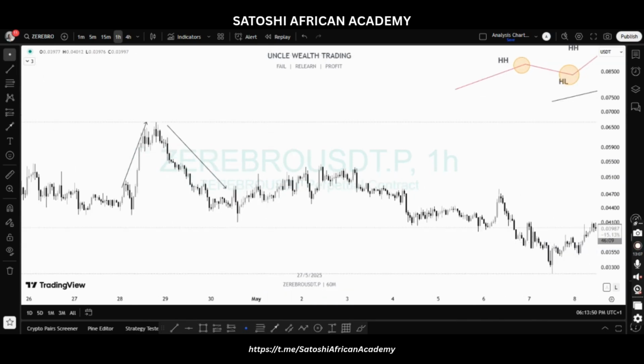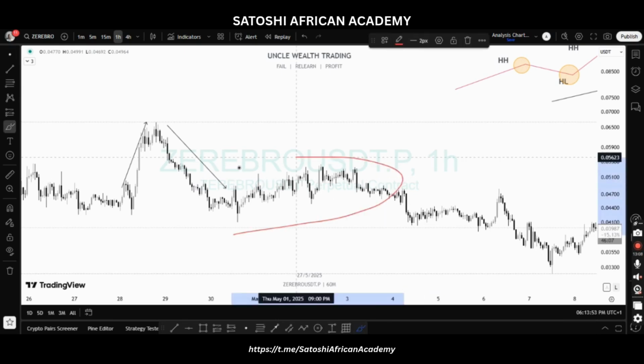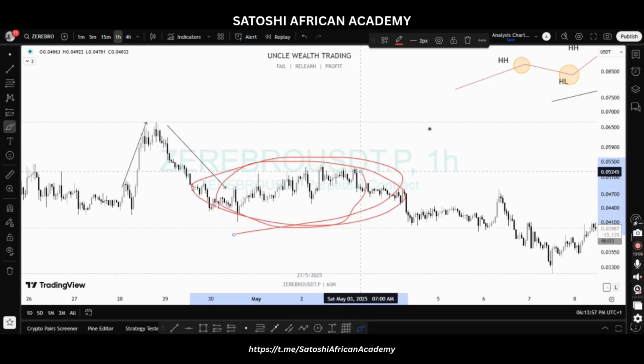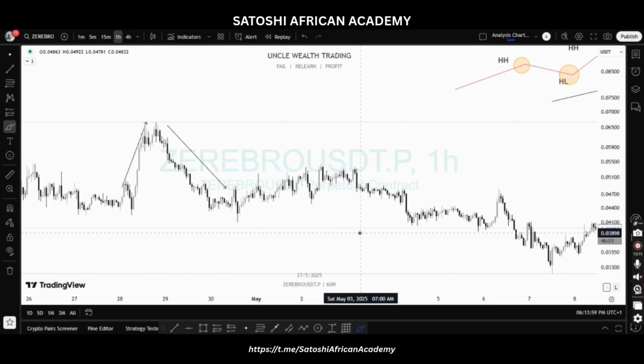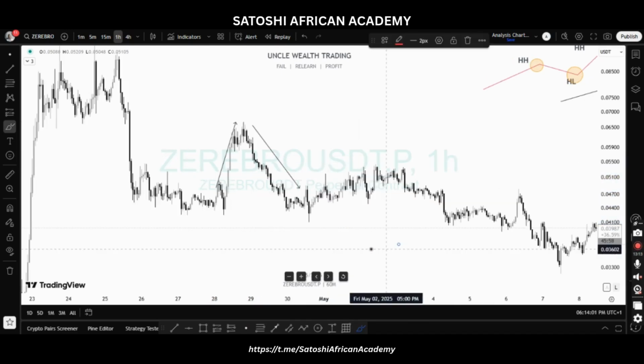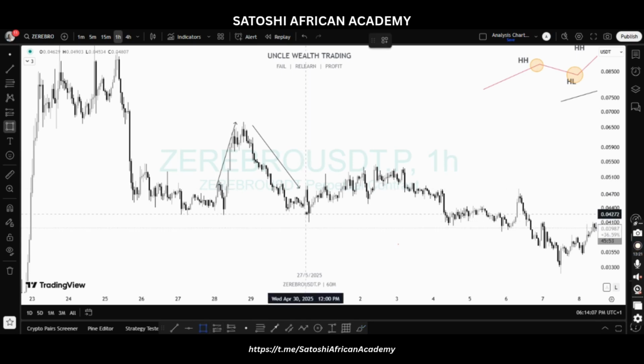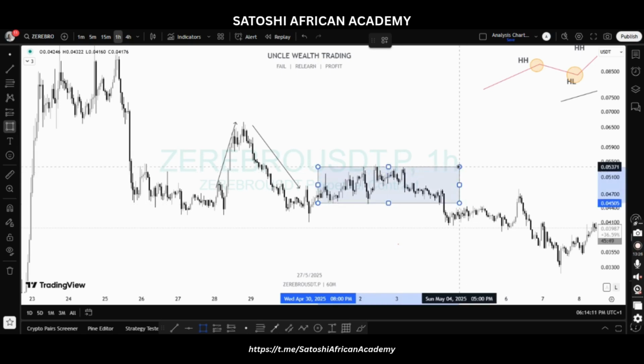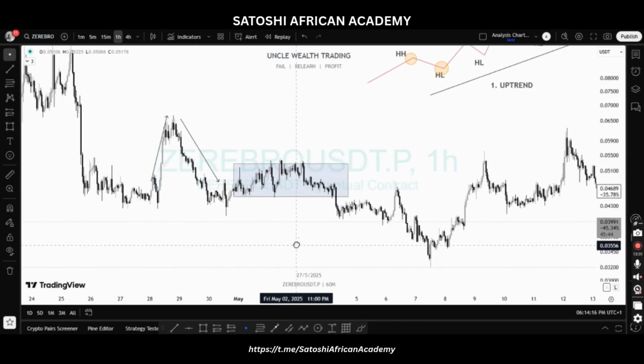You can see this region was not really having a clear-cut direction, so we can see that as our consolidation before the next move. And what you can easily do is draw a price box for you to identify that region.